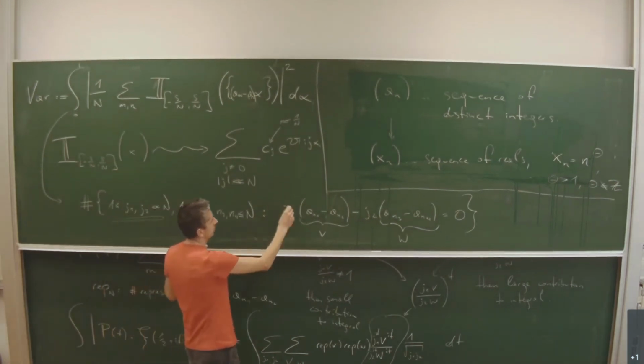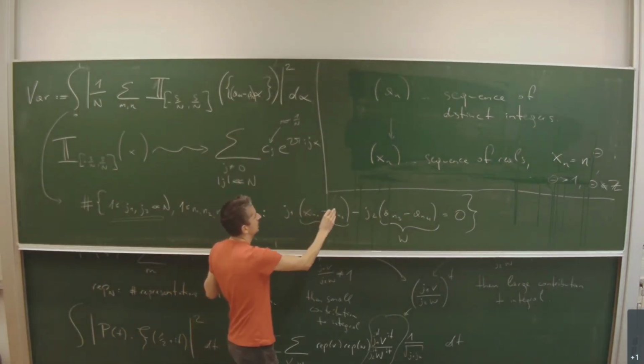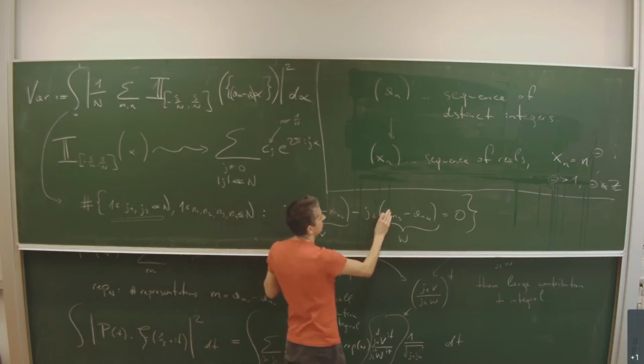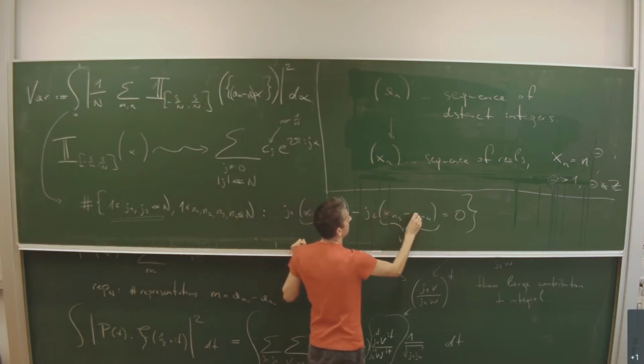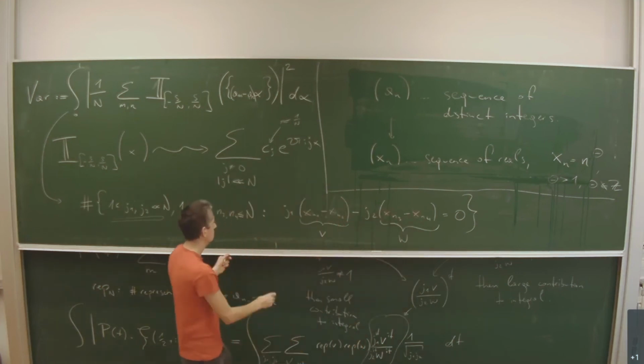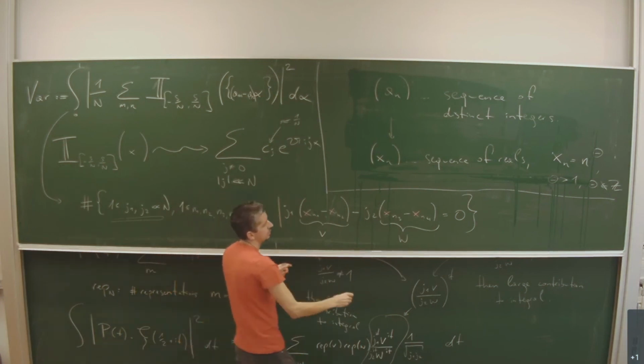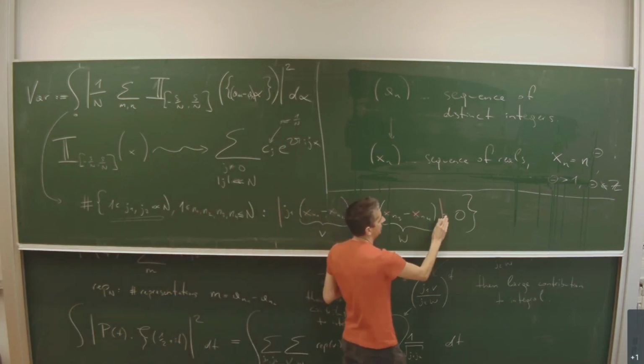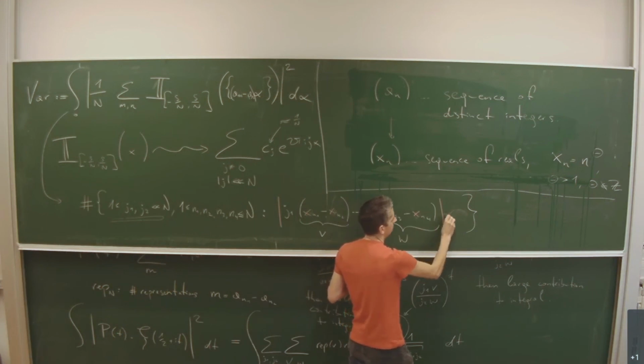So the a's are x's now: x_{n1}, x_{n2}, x_{n3}, x_{n4}. Instead, we need to count solutions to Diophantine inequalities.